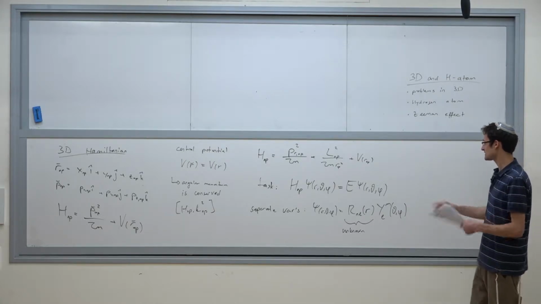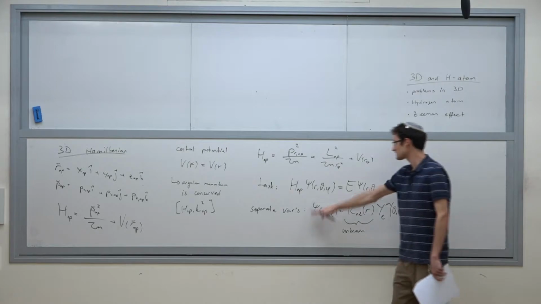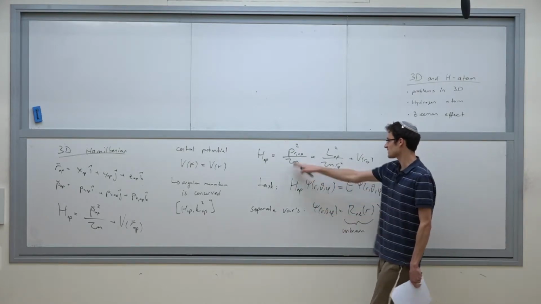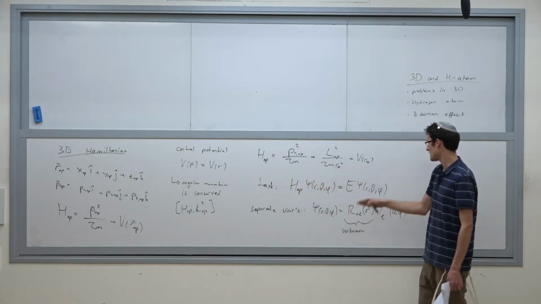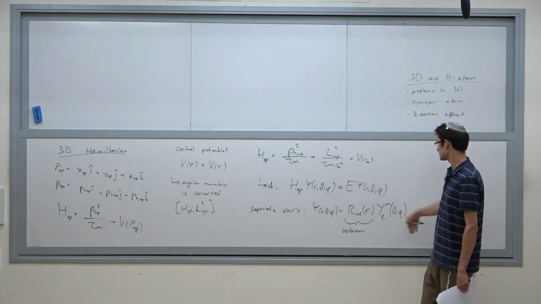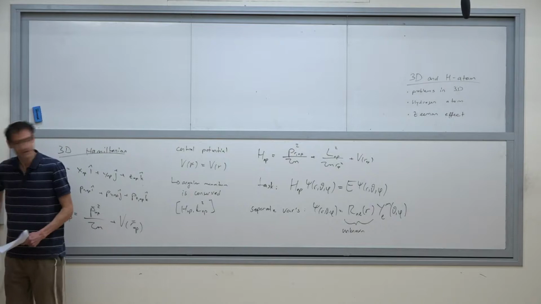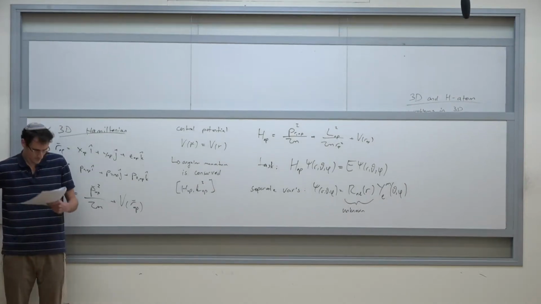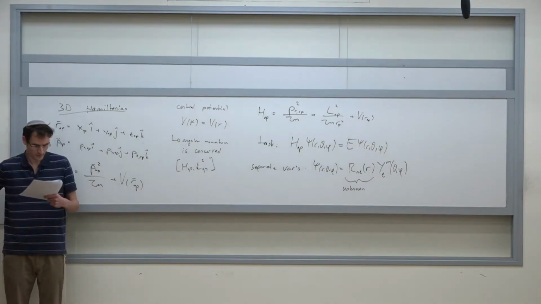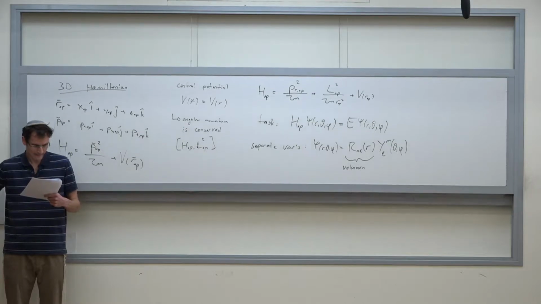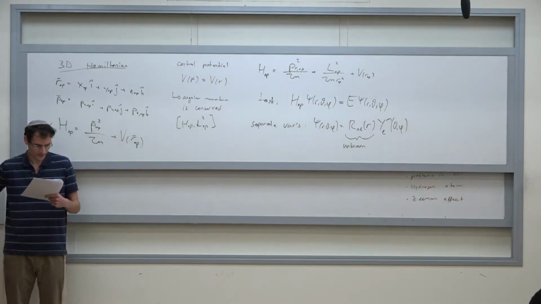Now you did this in class, I hope. You take this wave function, you take this Hamiltonian, you plug it in, and then you separate variables. And then in the r direction, you obtain an equation which includes only r. You get the following equation.